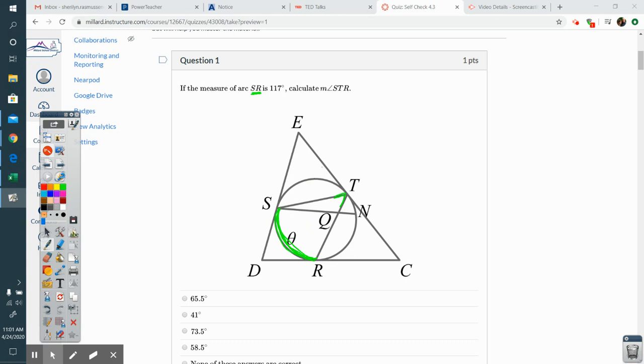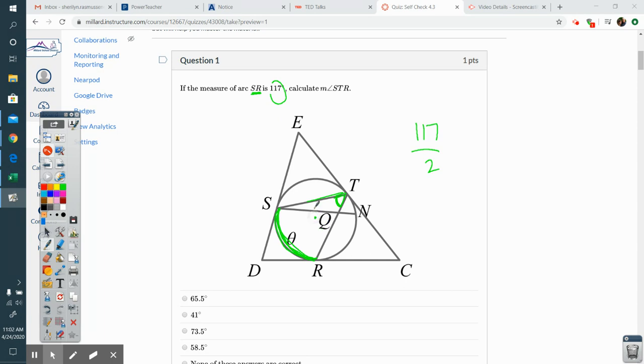Now, the formula that you use if you have a triangle that connects with that arc like that is that the arc is double the angle. So you take this 117 degrees and you divide it by 2 to get this angle right here. You can see that this is bigger than this would be.